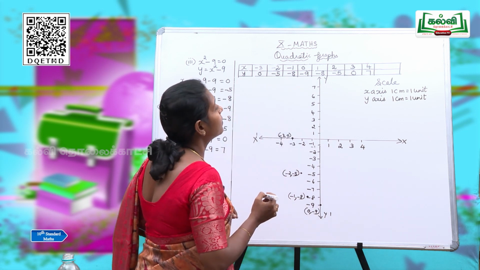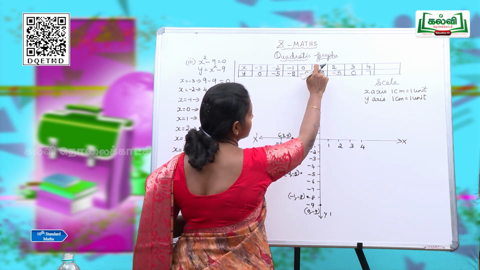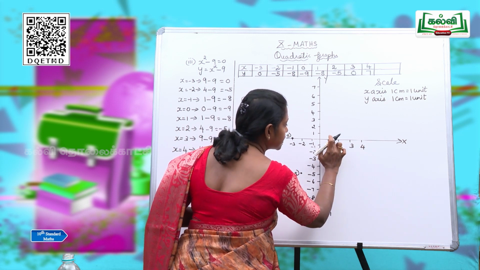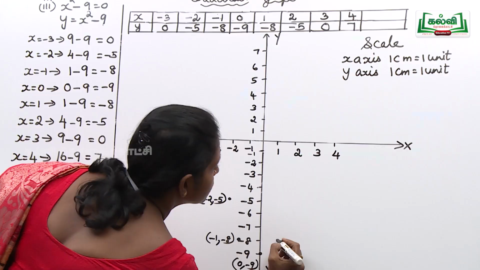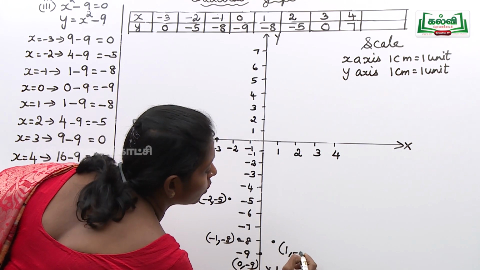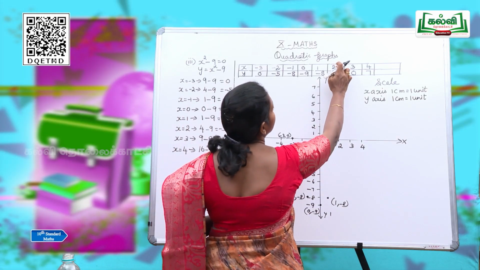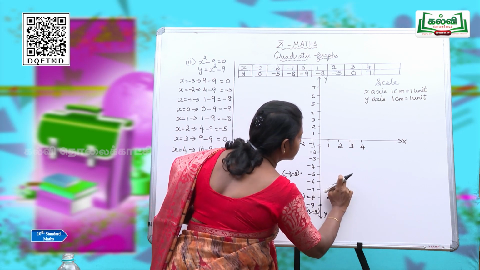Next, 1, minus 8. Now, it is different from the previous ordered pairs. That means 1, minus 8. On the right hand side, x-axis positive, y-axis minus 8. So, it will be here. So, this is 1, minus 8. Clear? Right. Next, 2, minus 5. So, x-axis 2 and y-axis minus 5.